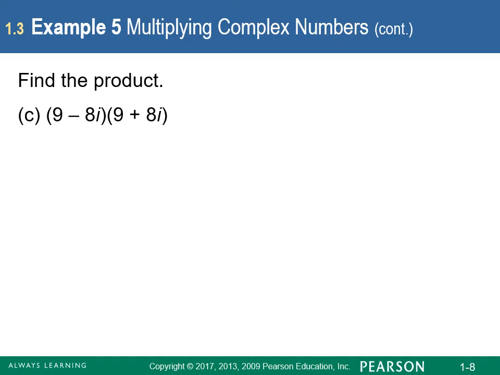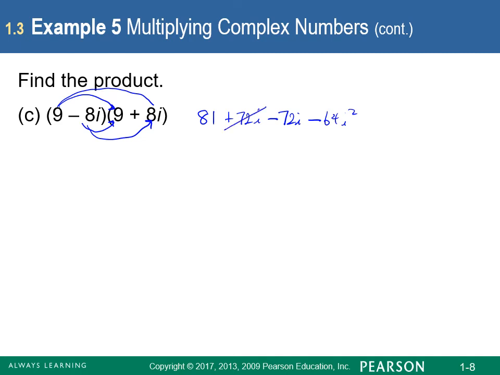So one more time. This is going to be 81. This is going to be positive 72i. This is going to be negative 72i. And this is going to be negative 64i squared.